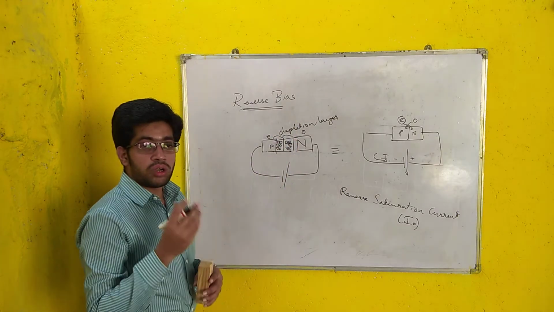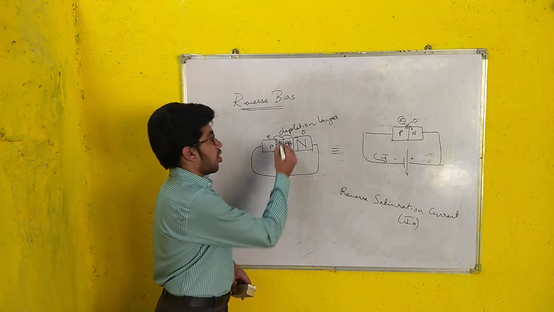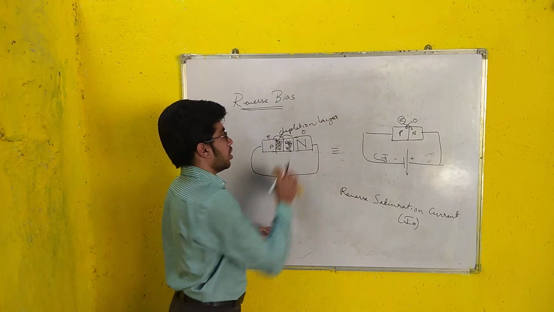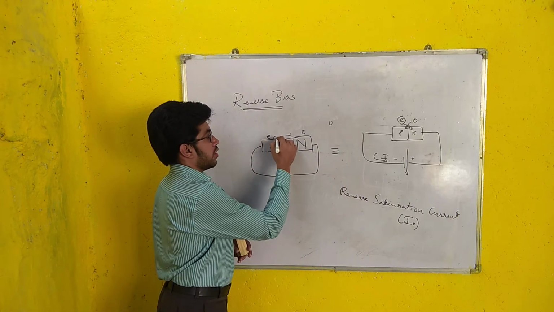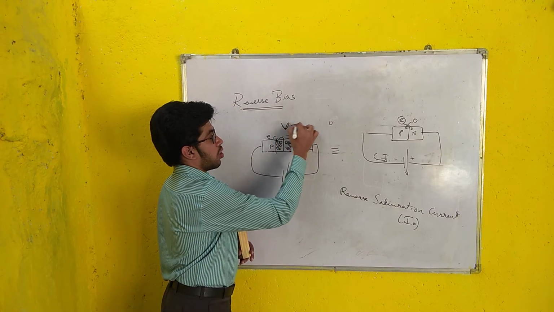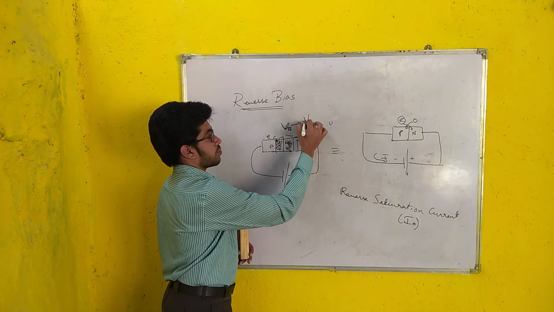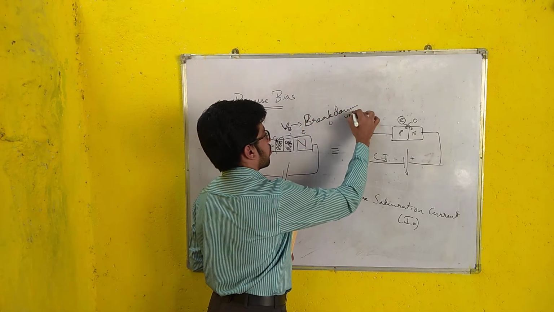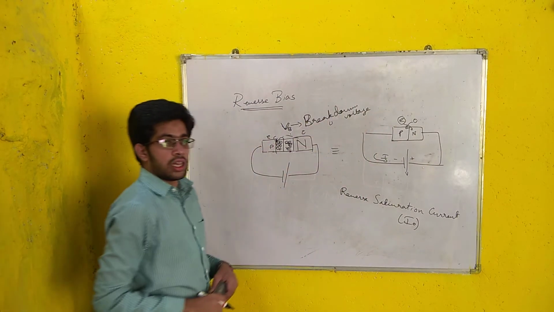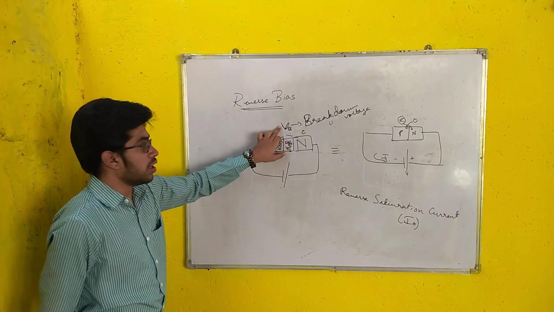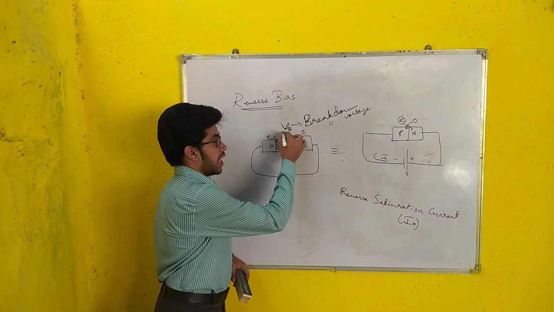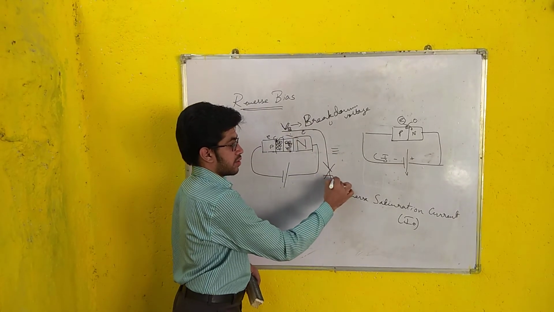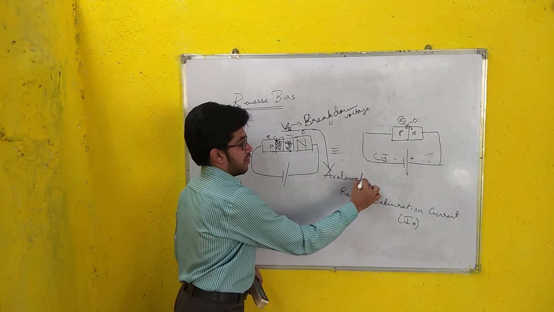That is a mountain type, which is referred to as an avalanche, and it will keep increasing till a certain voltage, which is called the breakdown voltage. At the breakdown voltage, this avalanche will break, and this breakdown is referred to as avalanche breakdown.